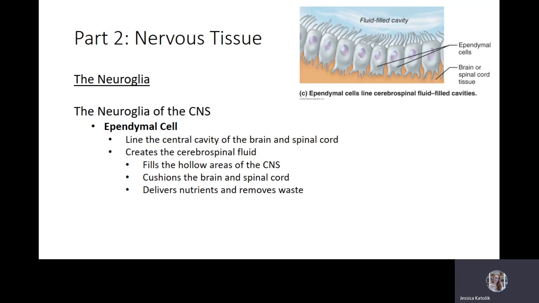Also, the neurons are going to produce waste, so the cerebral spinal fluid will pick up that waste, and eventually the cerebral spinal fluid will be sent back to the circulatory system and carried to areas of the body where that waste can be processed. So, in a nutshell, know that the epidermal cells are in the central nervous system, and they deliver nutrients and remove waste. So choose a function that you'd like to remember for the epidermal cells.